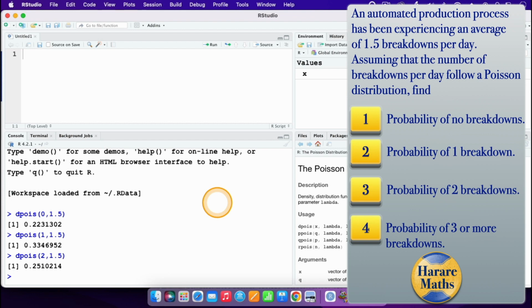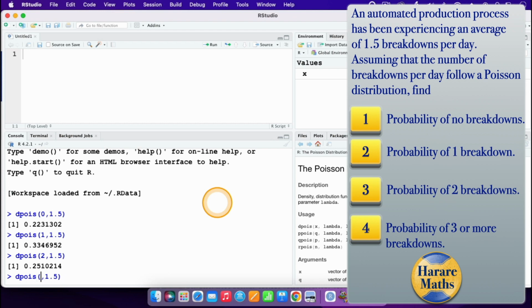I can also calculate those probabilities in questions 1, 2, and 3 using just one command. Where I was entering the value of x as 0, 1, 2, I can put a vector 0 to 2, and it will calculate those probabilities.